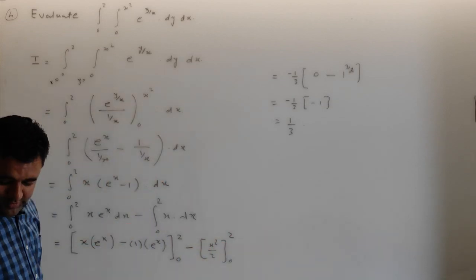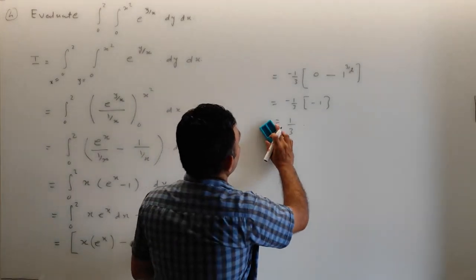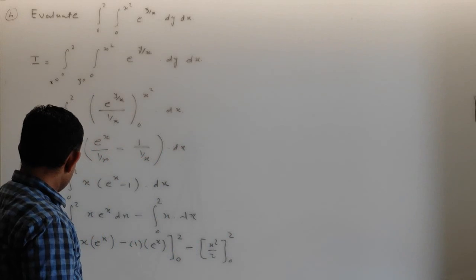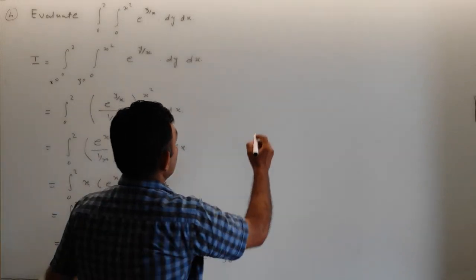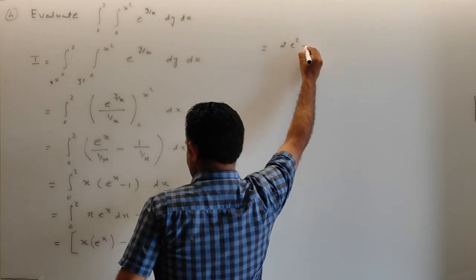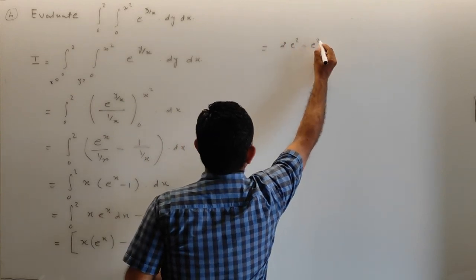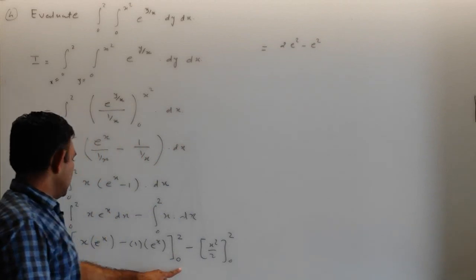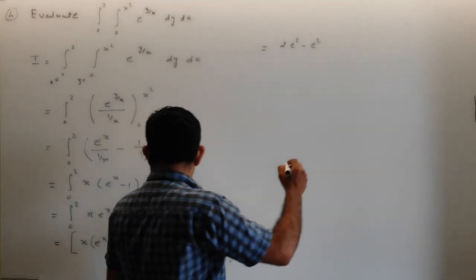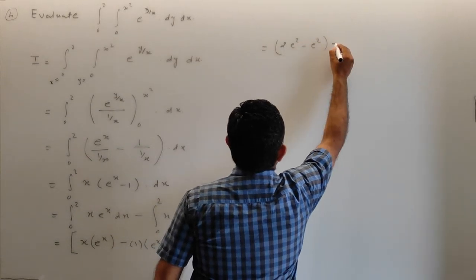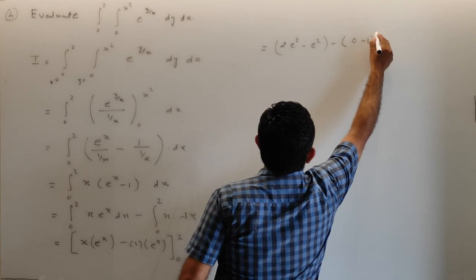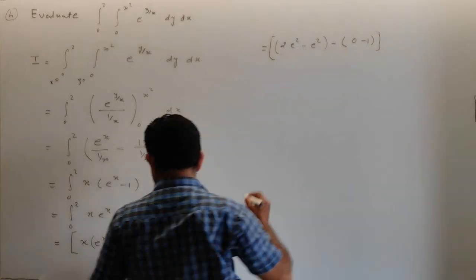Now let us substitute the limits. So now first x is equal to 2, so what we have, 2 times e square minus e square. Now x is 0, so this term is 0 and this term is 1, minus 0 minus 1, so that is what we have, first thing.